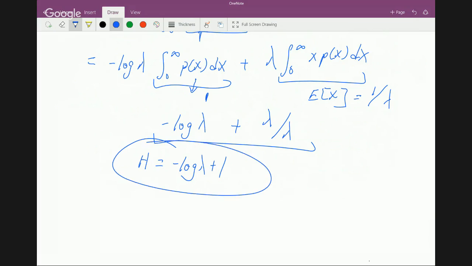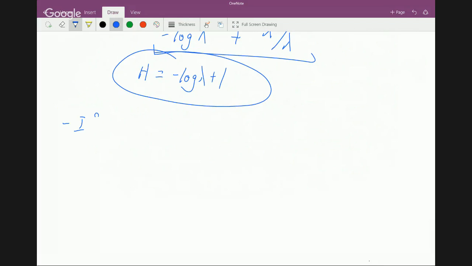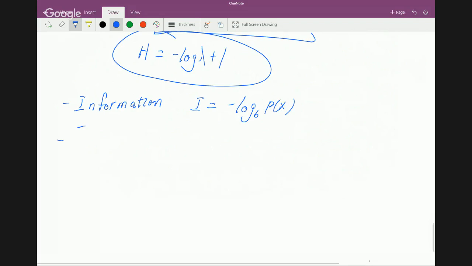And that's that. So the 3 concepts we went over today, one is information. How do you calculate information? Well, I is equal to minus log of some base, probability of x. Then we have entropy, also known as average information, where H is equal to minus summation i from 1 to n, probability of xi log some base probability of xi.